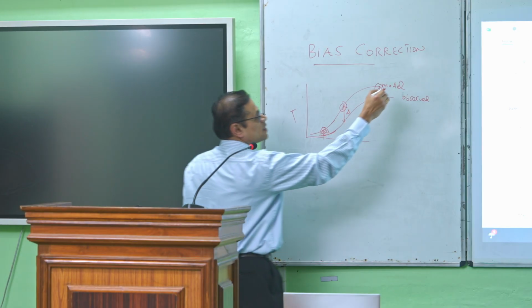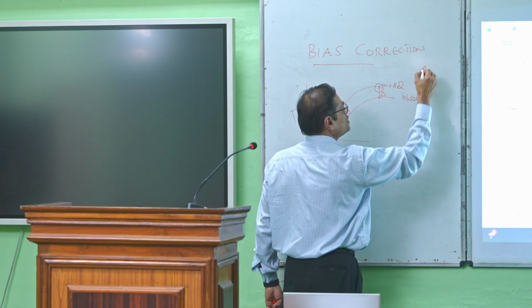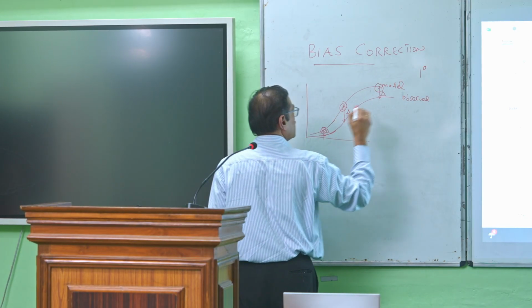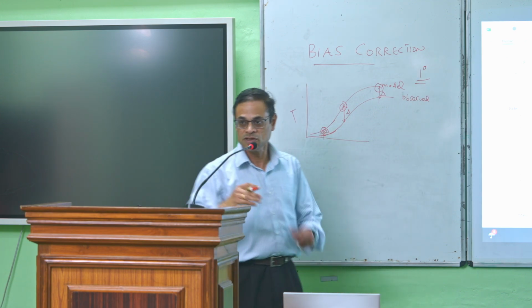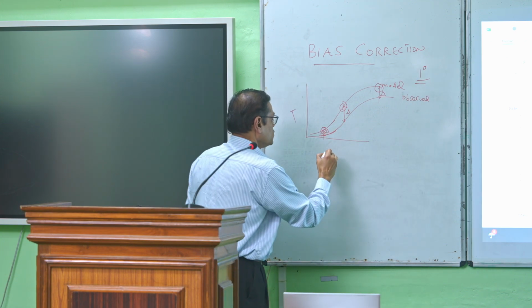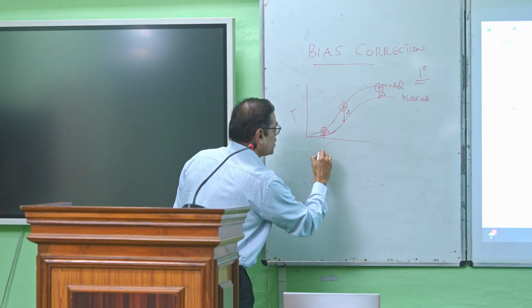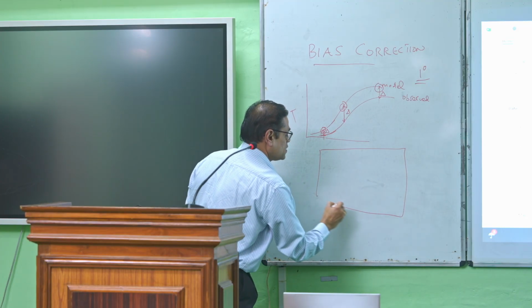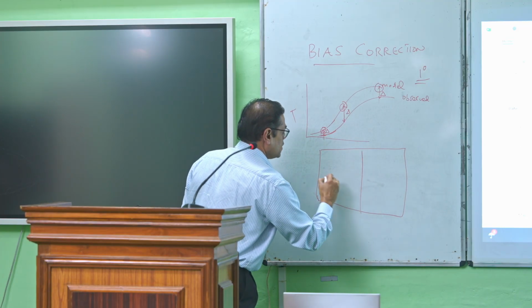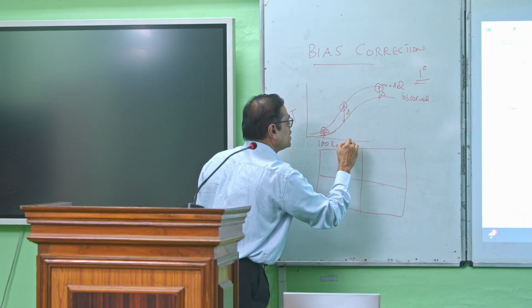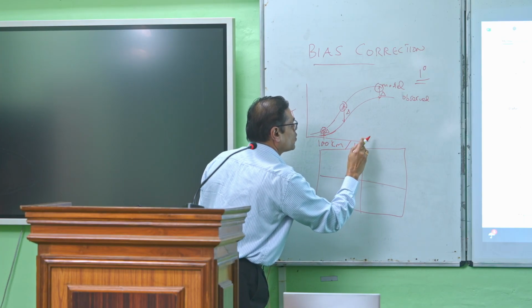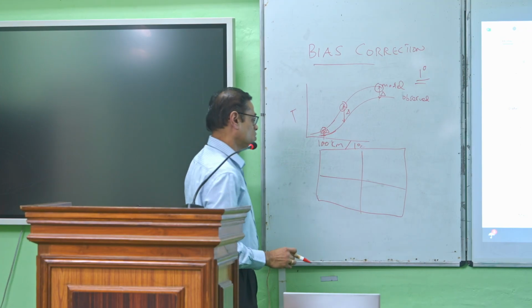But this model is at a resolution of 1 degree. So 1 degree, as you know, is roughly about 100 kilometers on a spatial scale. I don't know whether you are able to see from your place. Let's say this is 100 kilometers or 1 degree spatial resolution.